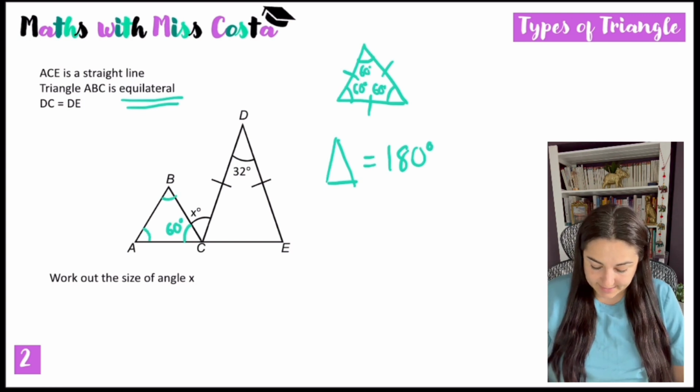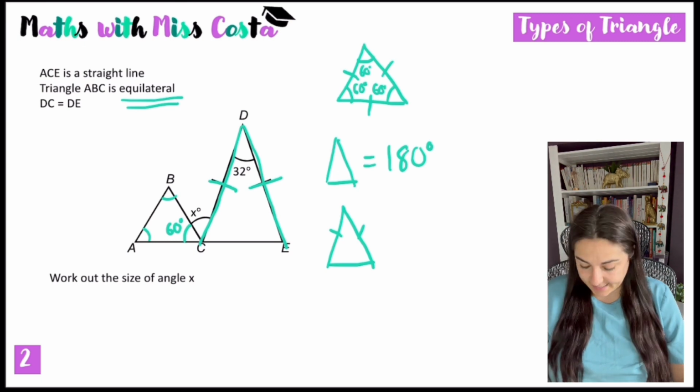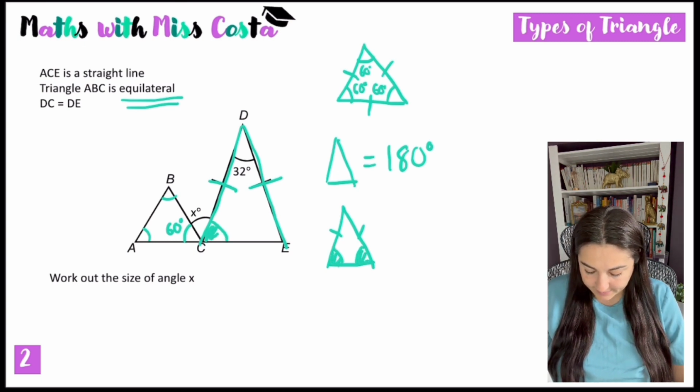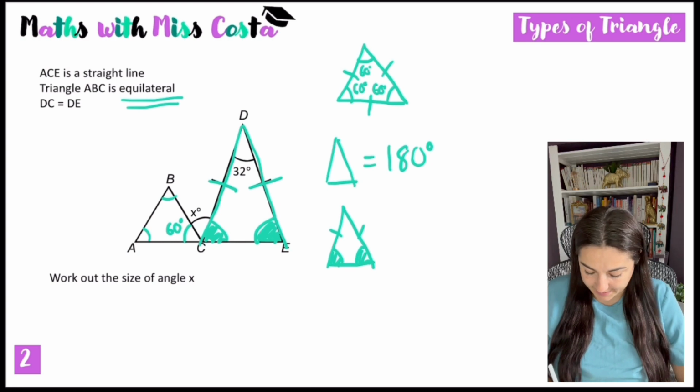Now I'm told that DC, so the line DC over here, and DE are equal. So that means that this triangle here is an isosceles triangle. And in an isosceles triangle, we have 2 equal sides and 2 equal base angles. So whatever this angle here is, it's going to be equal to this angle here. Now I know that angles in a triangle add up to 180.